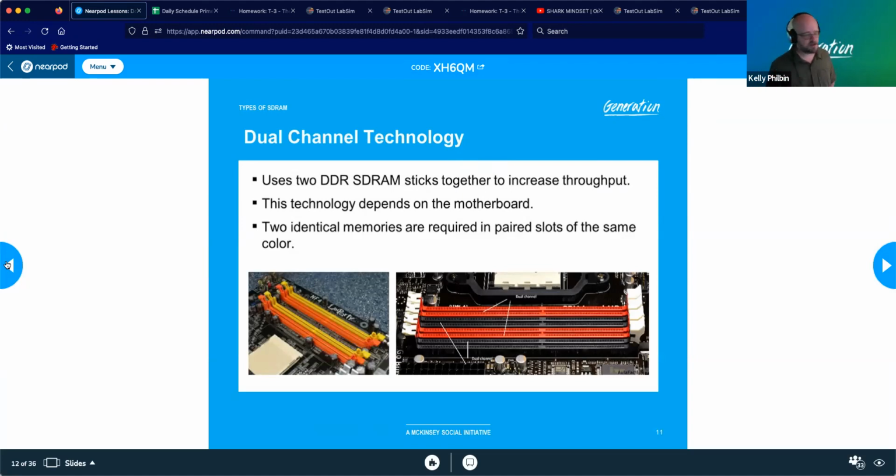All of this will depend on your motherboard. Some motherboards allow only single channel. These are older ones. More modern ones will allow double, triple, and sometimes quad channel, depending on the unit you're using. Now, in each channel, so you see here where we have orange, yellow, or red, black, we have to put them in the same colors typically.